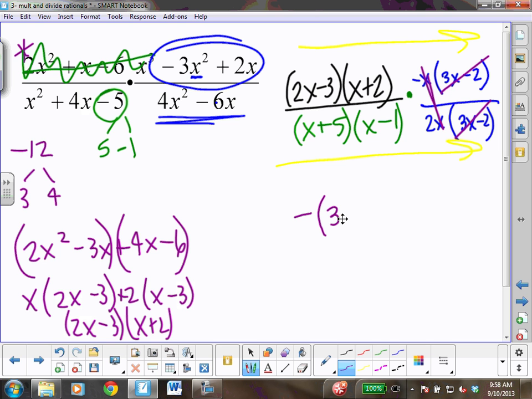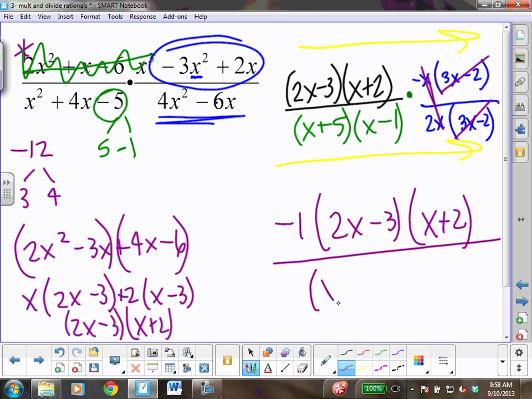So on the top, I just have a negative 1, and then these 2 terms. And on the bottom, I have an x plus 5 and an x minus 1. If I could simplify anything further, I should, but it doesn't look like I can, so this would be my final answer.